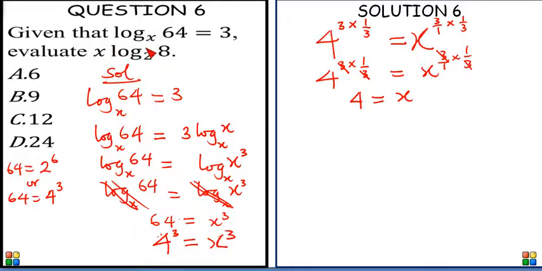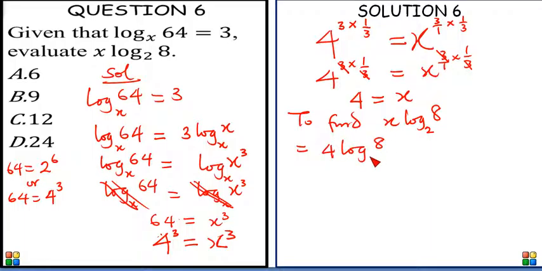So let's move on to find x log 8 base 2. That is equal to, since our x is 4, 4 log 8 base 2.